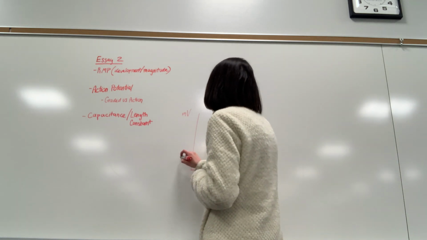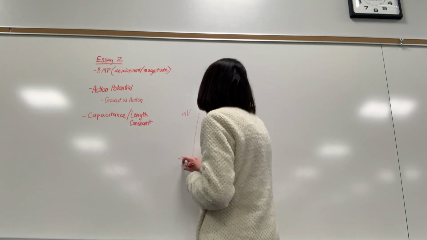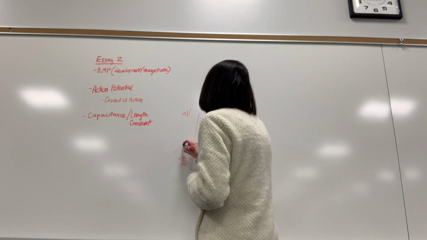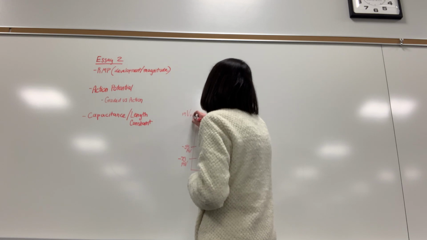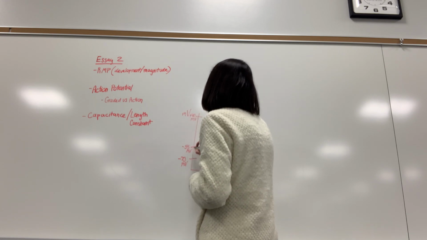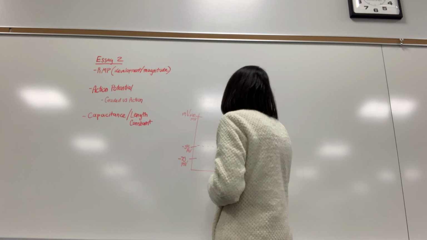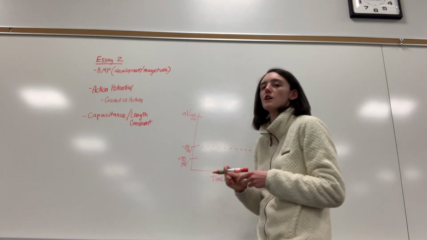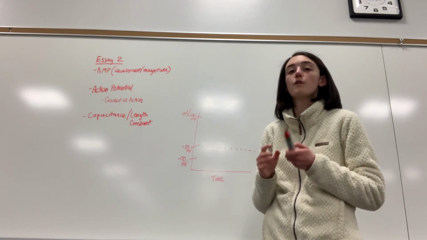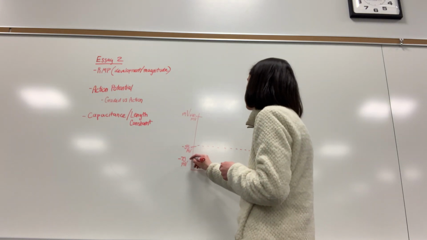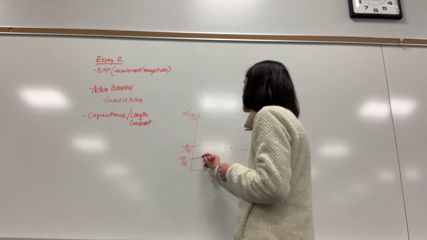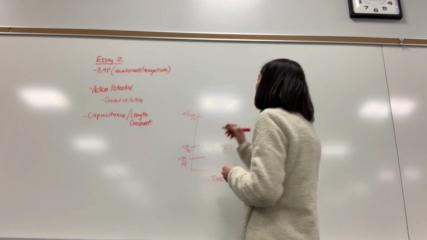So we start here at negative 70 millivolts. And let's say we have a graph with these three numbers to represent our action potential. So the very first step of the action potential is we're at resting membrane potential at negative 70 millivolts.